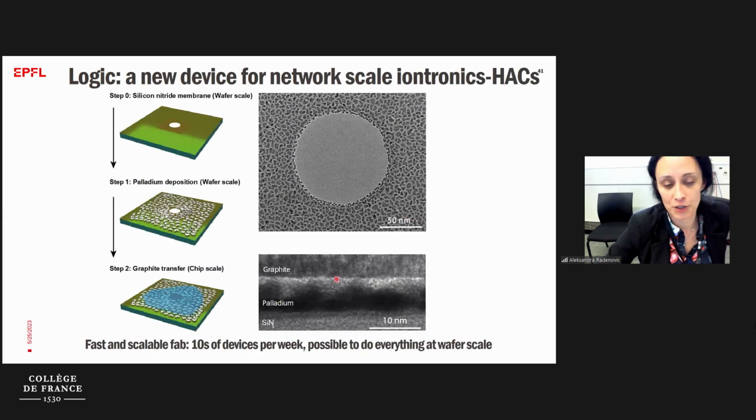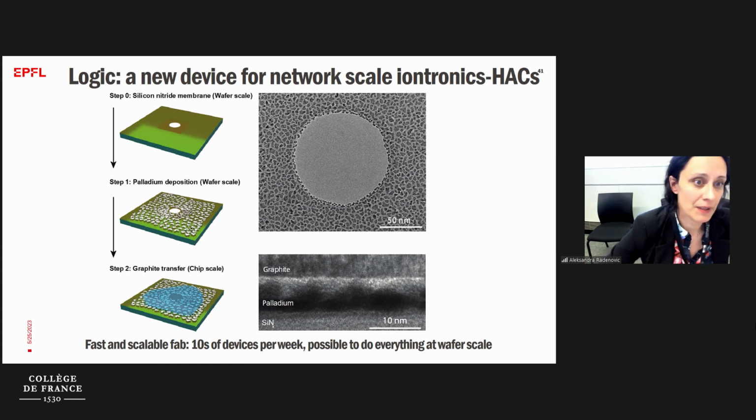the on-off ratios. So what we thought might be an alternative, and that was a really serendipitous discovery which we stumbled upon, started in my group. We normally use wafer-scale production of silicon nitride membranes, on which we can fabricate, on a wafer scale, openings in a range of 50 to 100 nanometers.